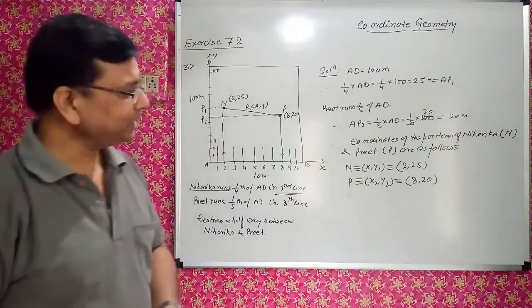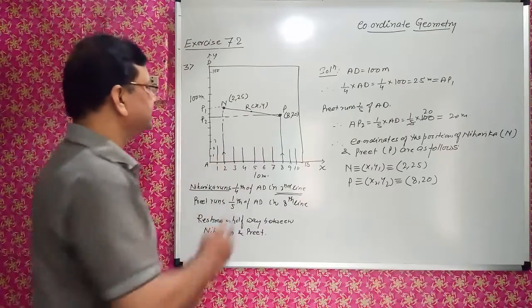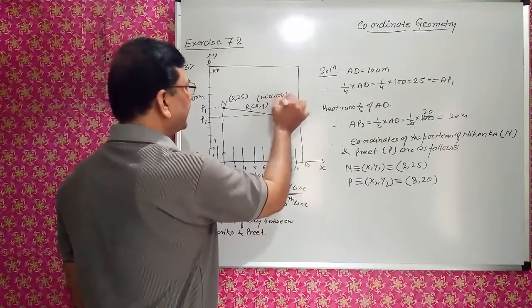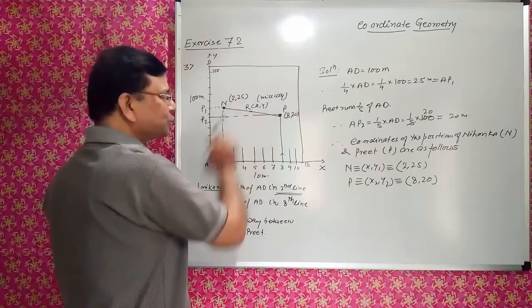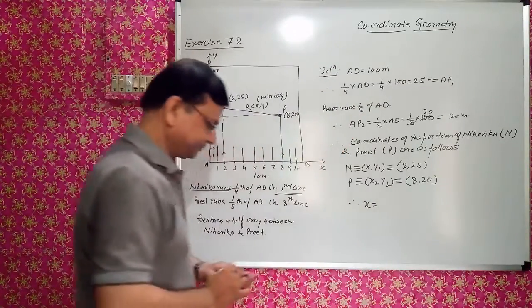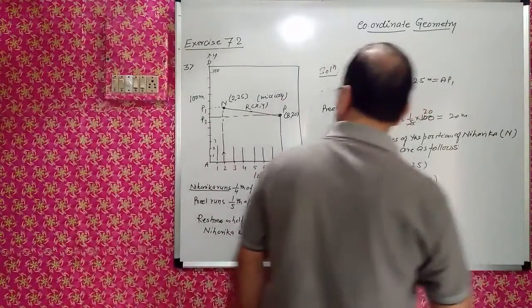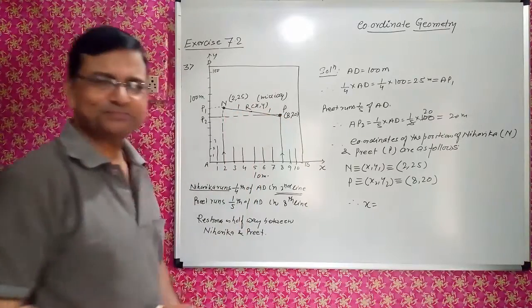So the coordinates of these 2 points are known, positions are known. So halfway, this is midway here. So the coordinate of R is x, y. Therefore, x is equal to what? One thing I will tell you in short. Midway means it is divided in the ratio of 1:1. Simply.